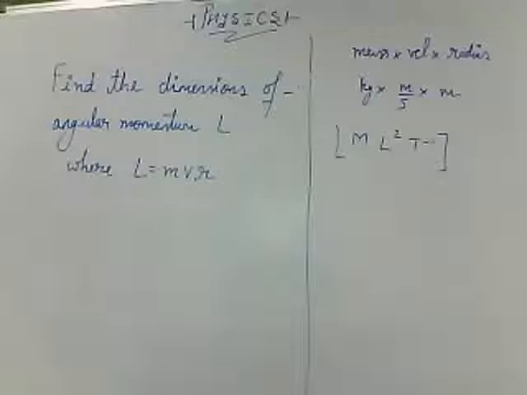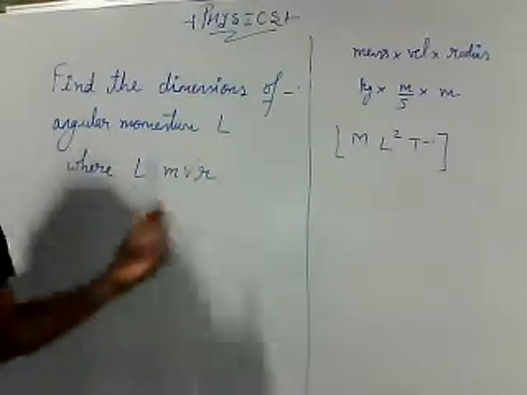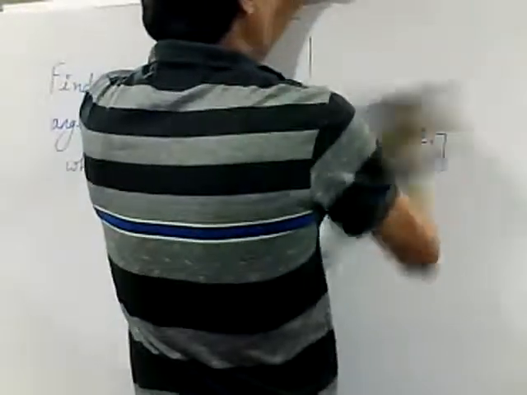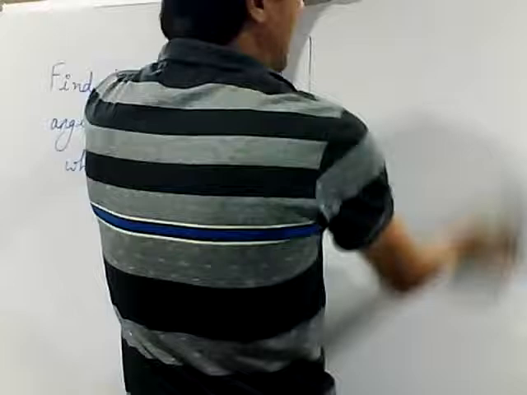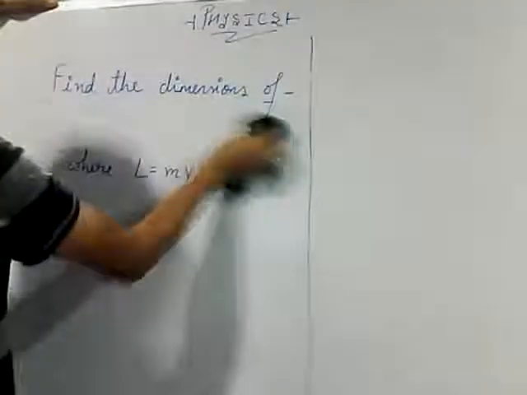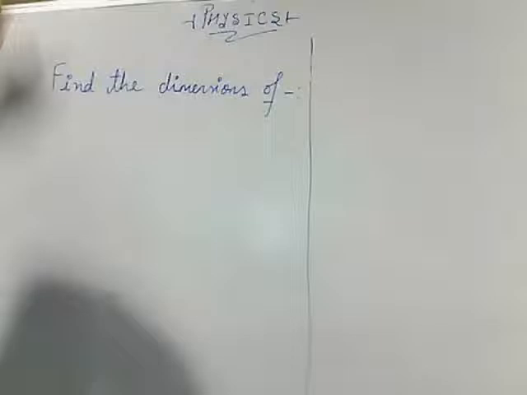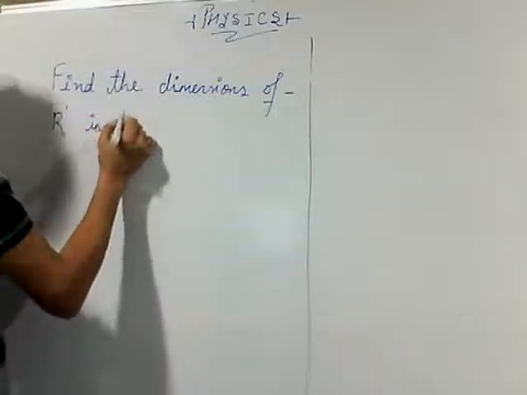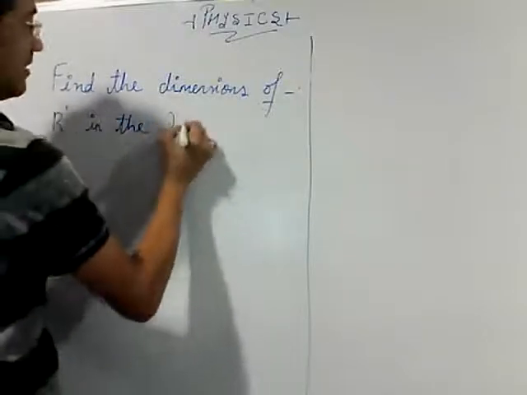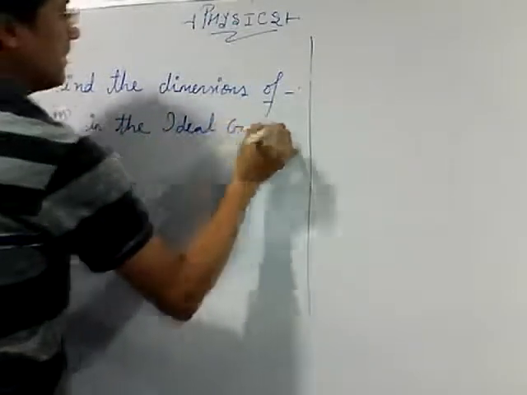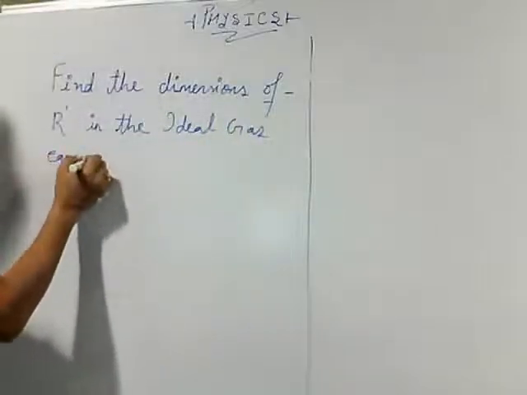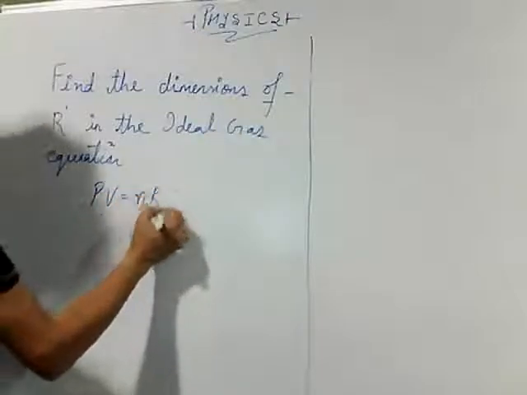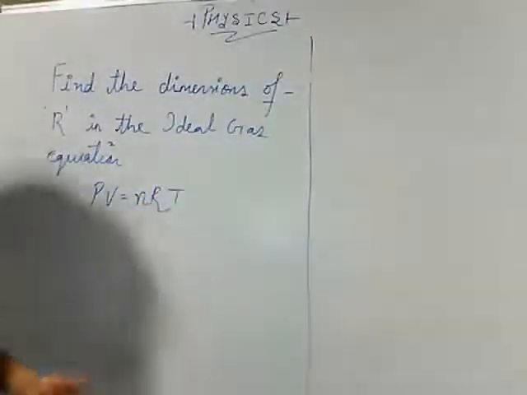Okay, chalo. Find out the dimensions of R in the ideal gas equation, that is PV equals nRT.